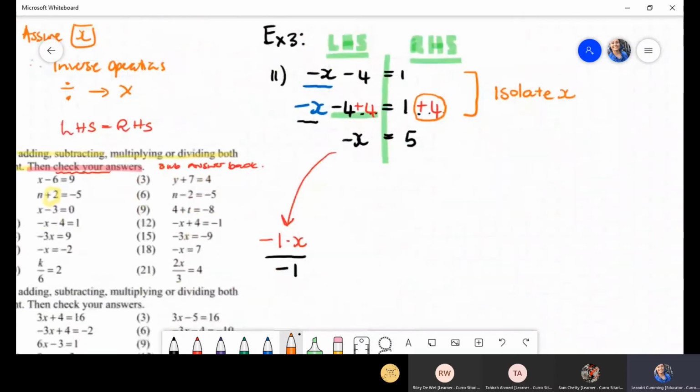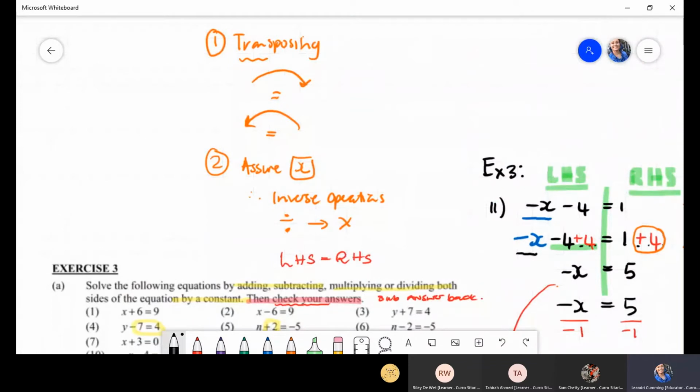And in this case, I want to undo multiplication by -1. So I'm going to rewrite. And I'm going to make sure that I indicate my division by -1 on the left-hand side as well as the right-hand side. I treat it equally. And now my minus divided by minus becomes a positive, and I'm able to solve for x, because the whole idea is to assure that we have a positive x to solve, okay?